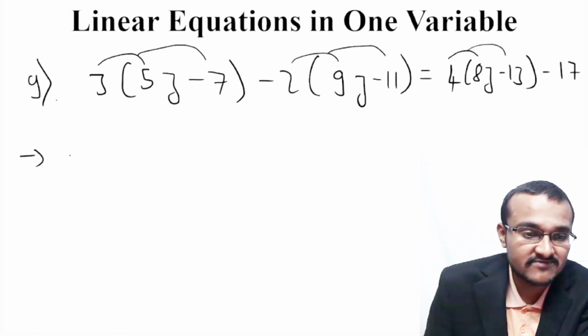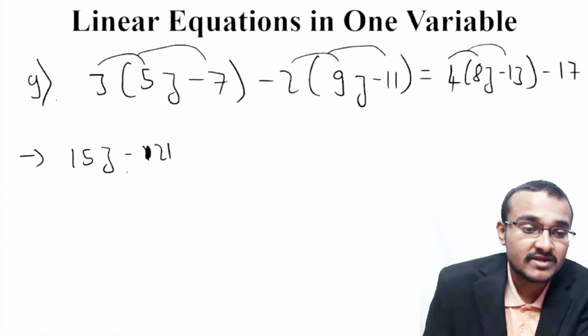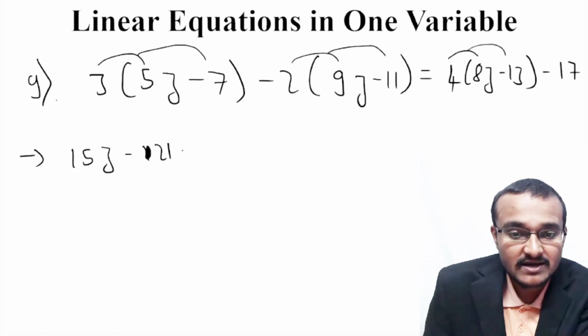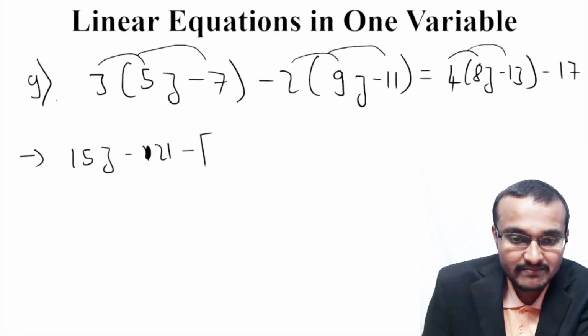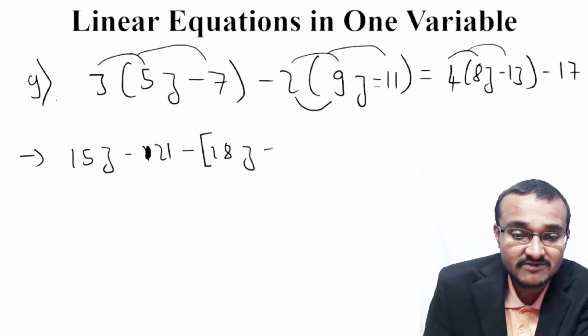So 3 into 5z will be 15z, 3 5s are 15. So 15z, 3 into 7 will be 21. So minus is there, so minus 21. This is not 12, this is minus 21. So 15z minus 21 minus, I'll open the bracket for this second term. 2 into 9 is 18z, 2 into 11 is 22, and here minus is there, hence it becomes minus 22.